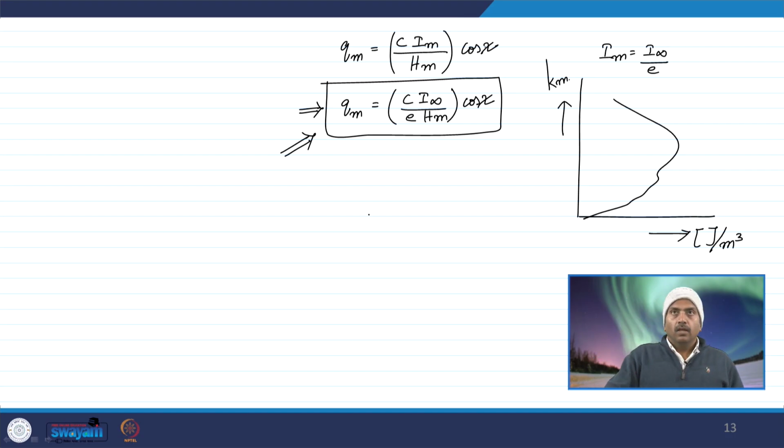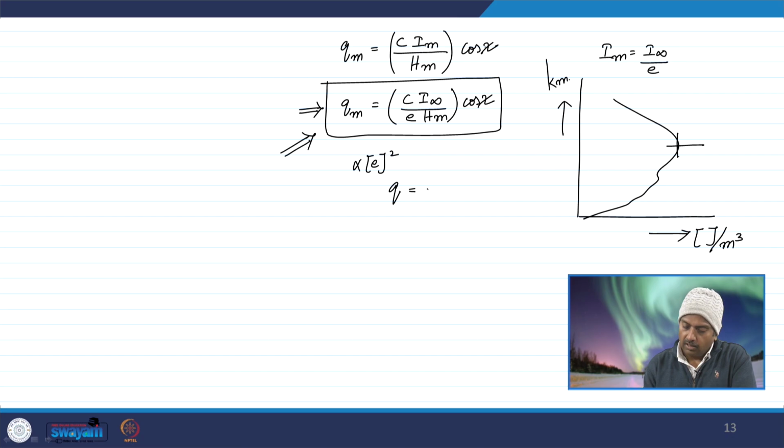So, at the peak, despite having the loss processes, the electron density is maximum. Okay. So, if the electrons are lost at a rate of alpha E square, and if the photochemical equilibrium is reached, then you would obviously expect the total production rate is equal to the total loss rate.